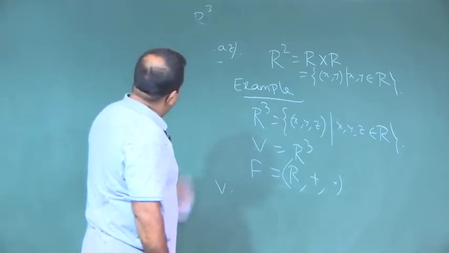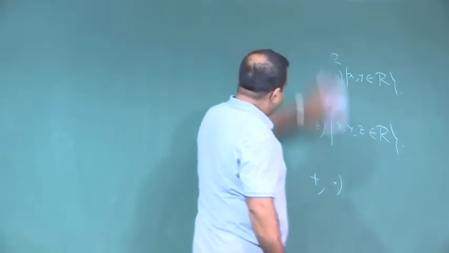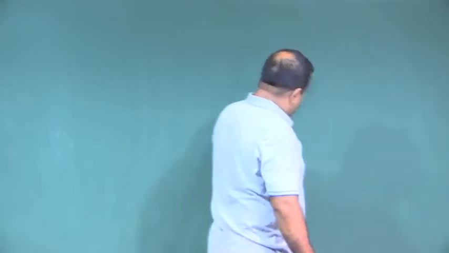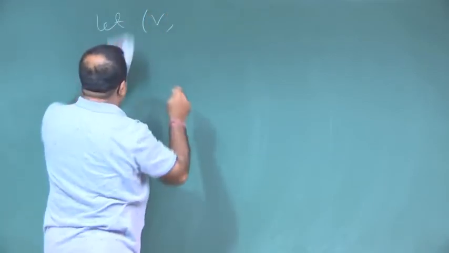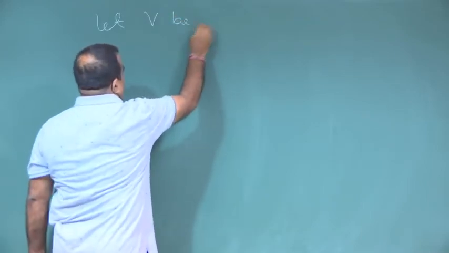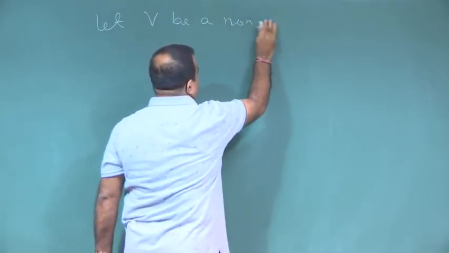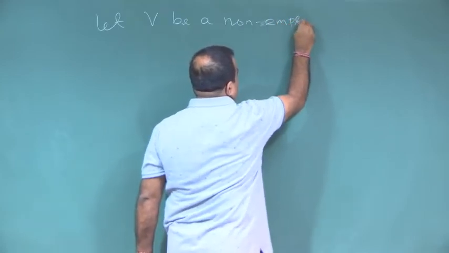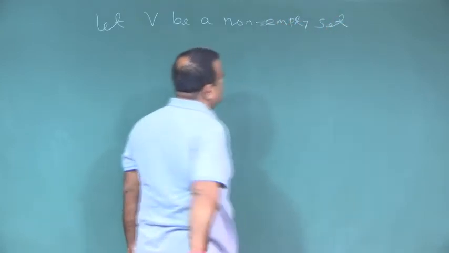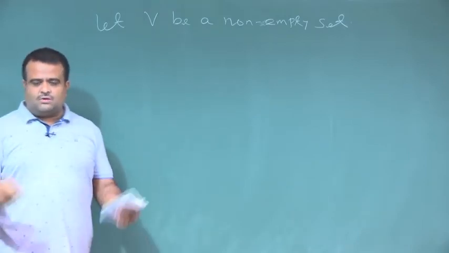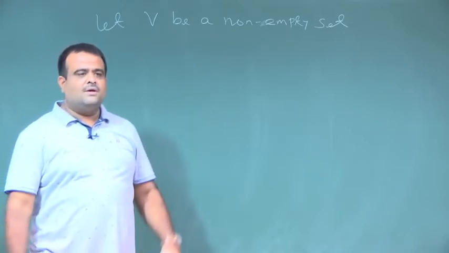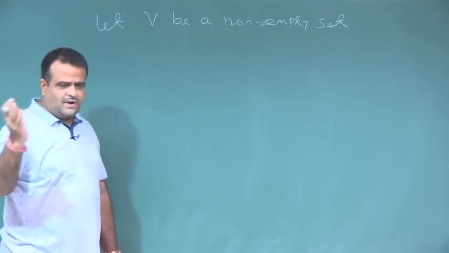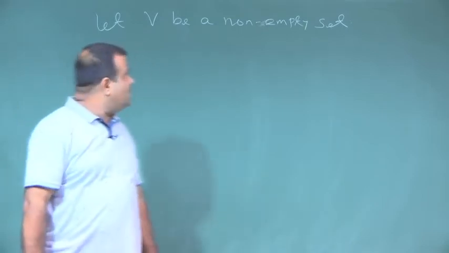Now we formally define what we mean by a vector space over a scalar field. For that, let V be a non-empty set, and the elements of V are usually called vectors. It is just a name, because we are talking about a vector space.